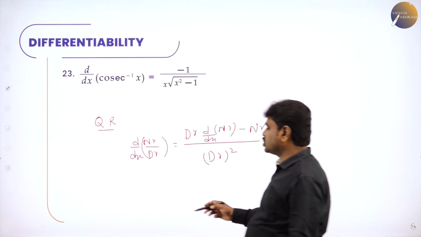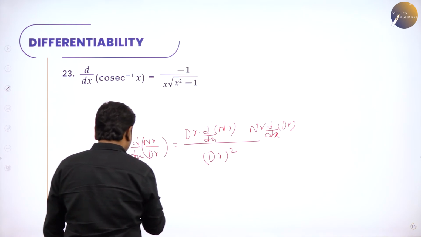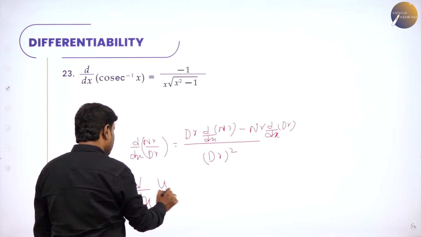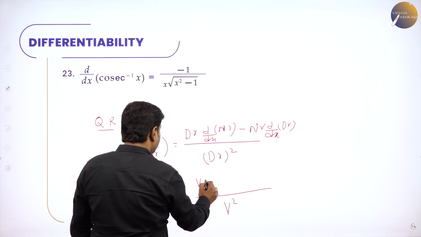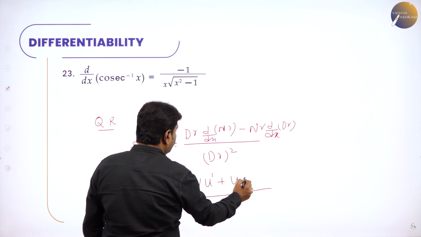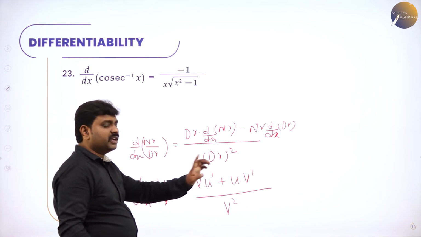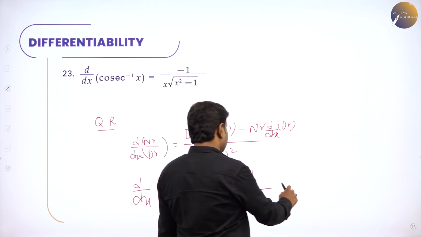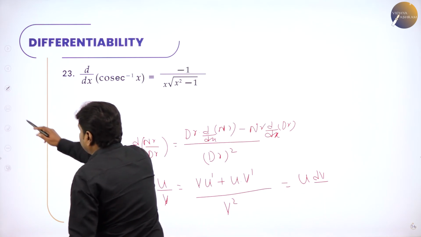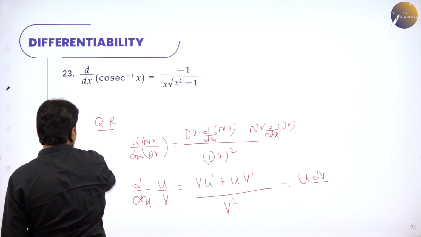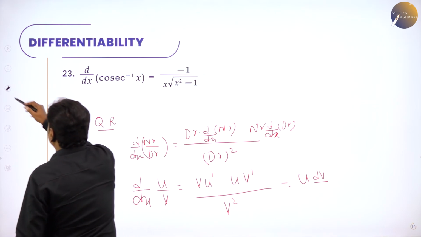And we can also call it u by v. You can also call it d by dx of u by v. In the denominator we'll write v square, and in the numerator v into u dash minus u into v dash. V dash means dv by dx. So, or you can say u into dv by dx, sorry, minus. In the formula we have what?